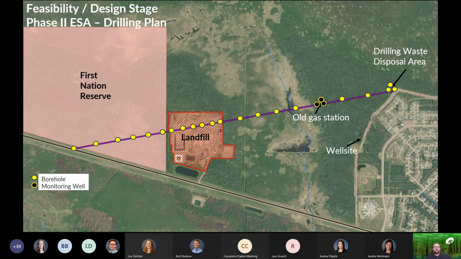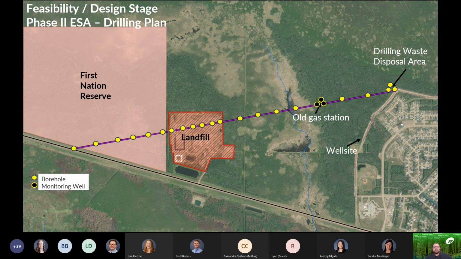If it's an undisturbed area, hydrocarbons and other exotic parameters are probably not needed to be analyzed, or anything that's a refined product. If there's no need for it, then we don't need to sample it in remote spots. Those efforts will be focused on where it's needed, such as at the landfill, the drilling waste disposal area, or the gas station in this case.